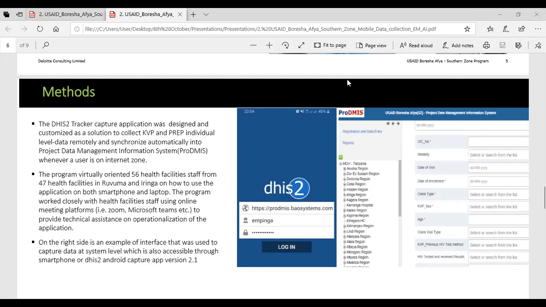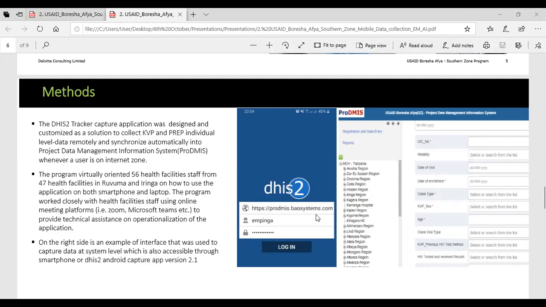On the left side of the presentation, you'll see the interface. All our data clerks have usernames and passwords whereby they'll be able to access this solution.